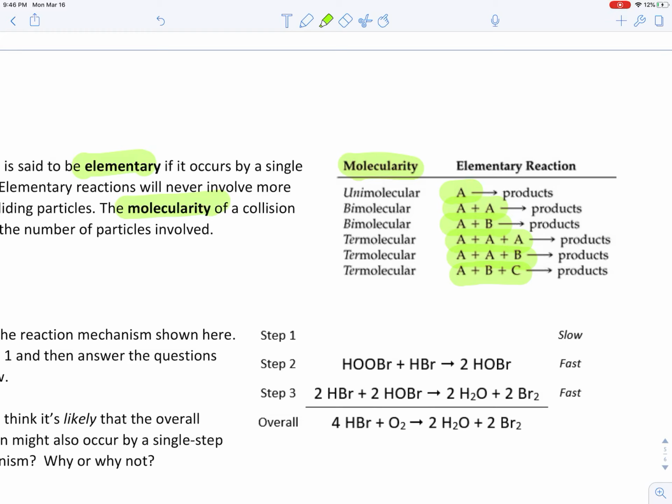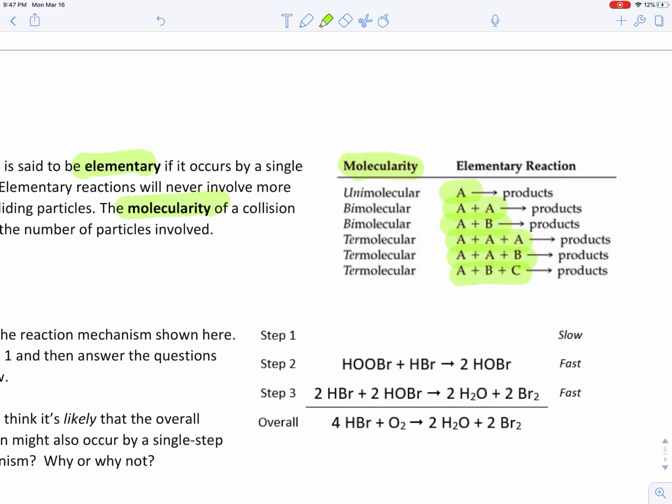Okay? You normally don't see anything beyond that simply because having more than three particles colliding in one step is very, very unlikely. On top of that, the particles would all need to have the right energy for the collision. That makes it even more unlikely. And finally, they'd all have to have the right geometry, the right orientation, and that makes the probability so low when there's more than three particles that you really don't see that very often.